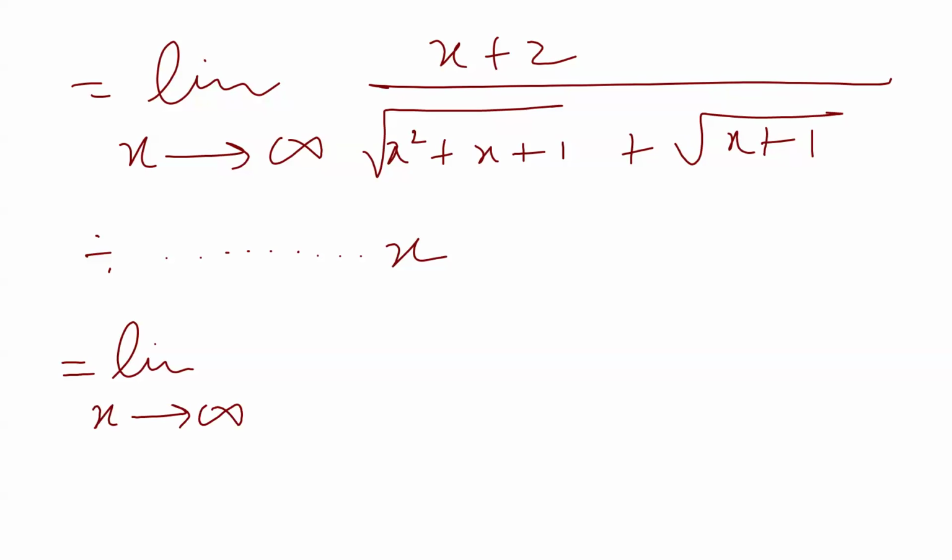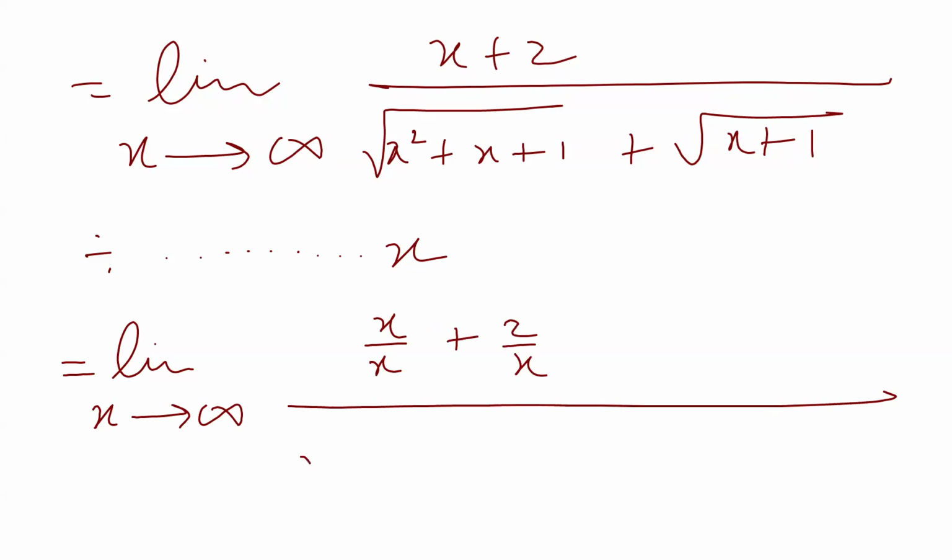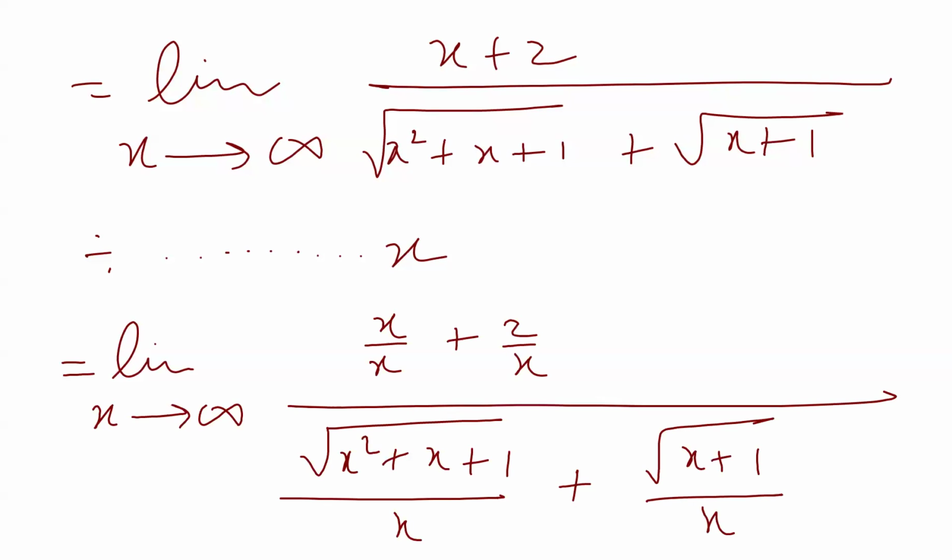Divide throughout by x. So x upon x plus 2 upon x, root of x square plus x plus 1 upon x. This is also upon x. So this x is getting cancelled. We are left with 1 over here.